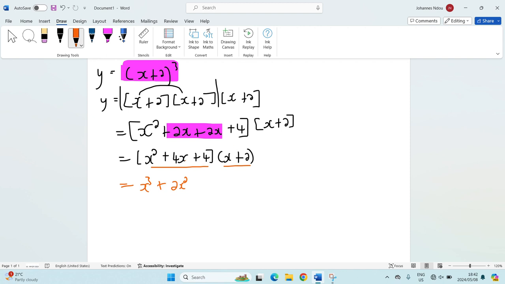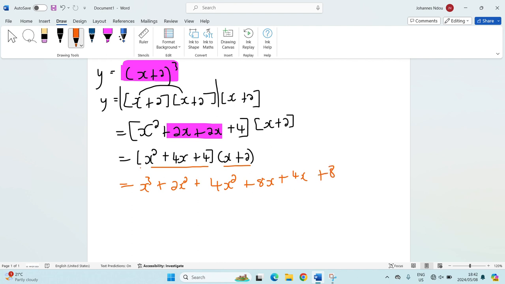Now I'm going to do the same for 4x: I'll multiply it by x and by 2. 4x multiplied by x will be 4x squared, and 4x multiplied by 2 will become 8x. Now 4 times x will become 4x, and 4 times 2 will become 8.